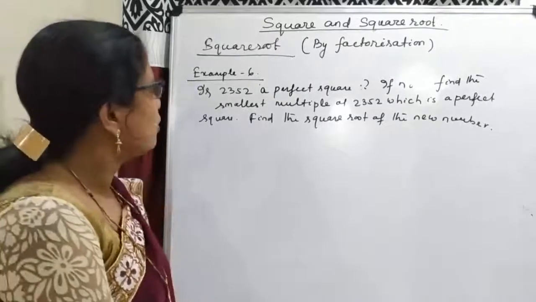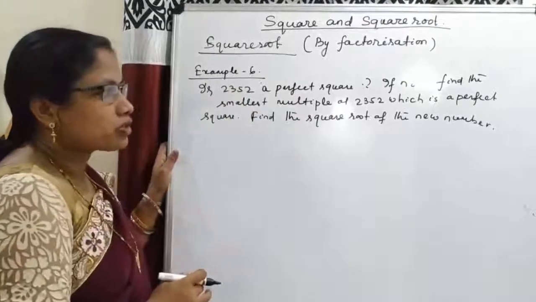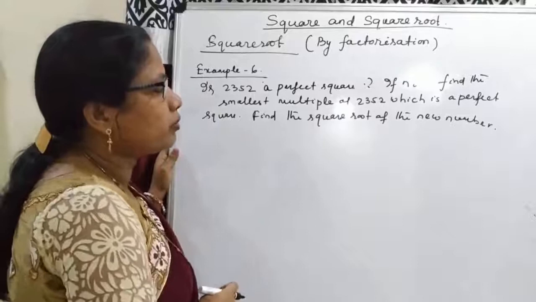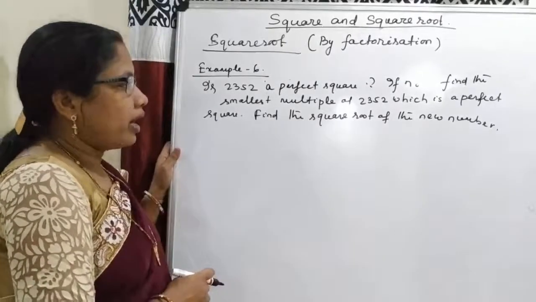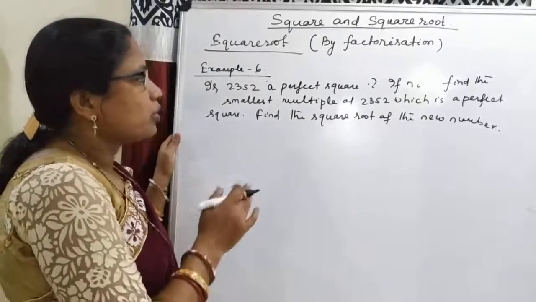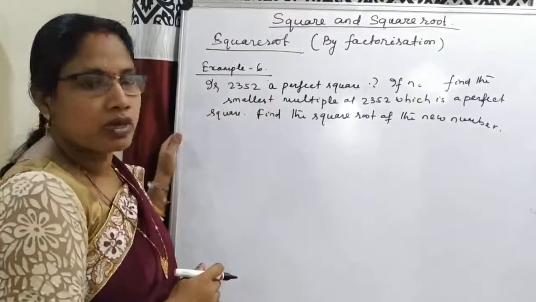Next example, is 2352 a perfect square? If not, find the smallest multiple of 2352 which is a perfect square and find the square root of the new number. So first we will test whether 2352 is a perfect square or not.